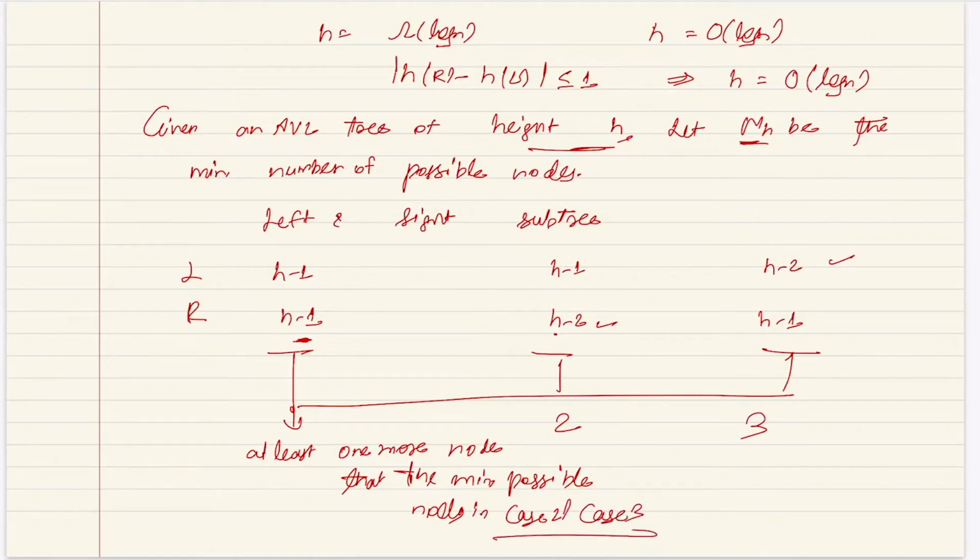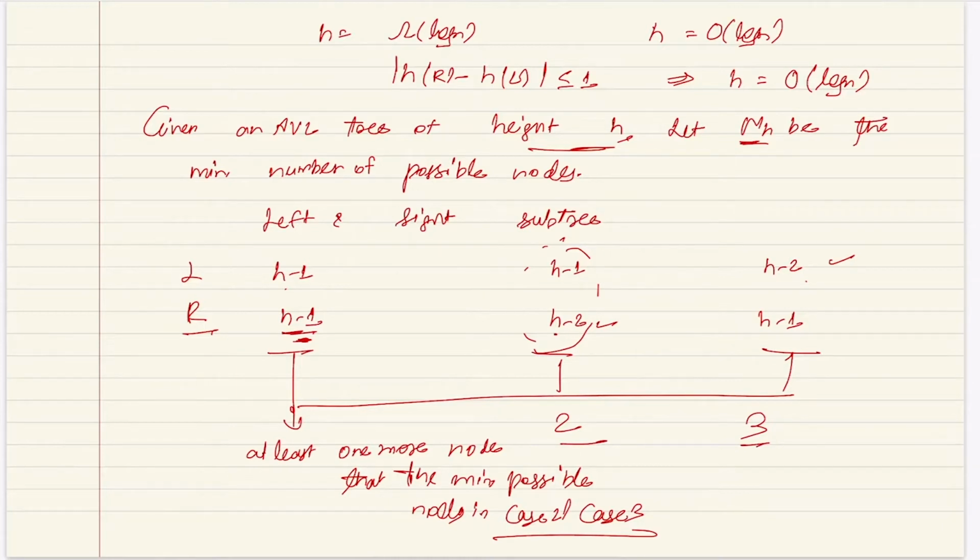Because case 2 and case 1, how do they differ? They differ because the right subtree has an extra height, so you need to have at least one more node if you are taking the minimum possible nodes here. Similarly, case 3 and case 1, how do they differ? It will have at least one more node in the left subtree. So it will have at least one more node than the minimum possible nodes in case 2 and case 3. So that means case 2 and case 3 look symmetric. One of the subtrees is h minus 1, another is h minus 2.